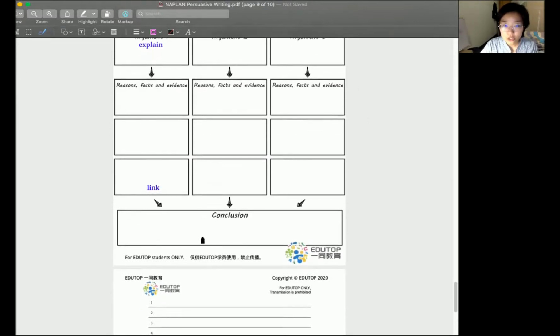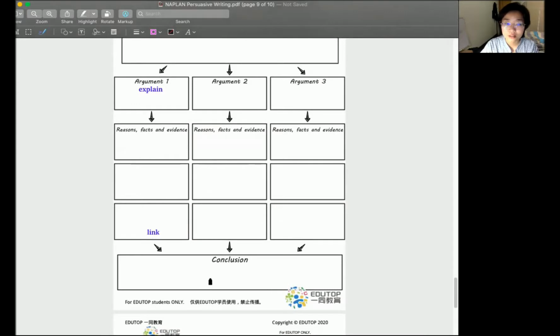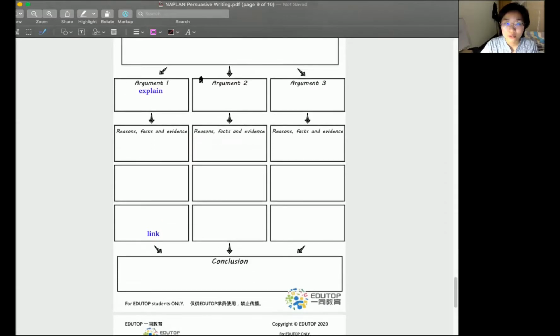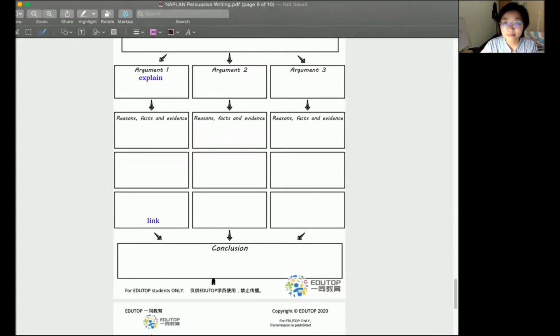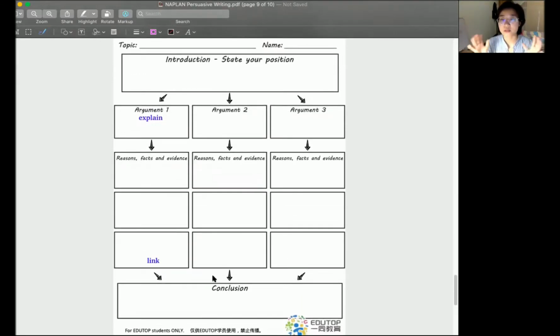And in the conclusion part, what we do is restate your position, right? Don't think, oh, this is too much, I talk about it again and again. It is very important. So just to summarize, or you can think about it as summarizing your argument 1, 2, and 3 over here. So that's the structure of our persuasive writing.